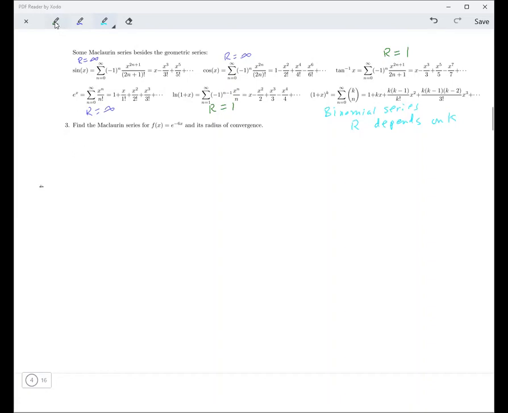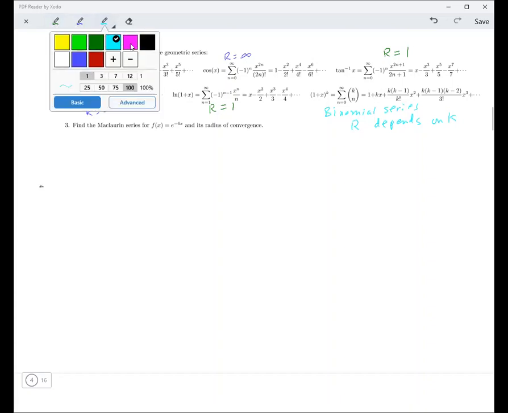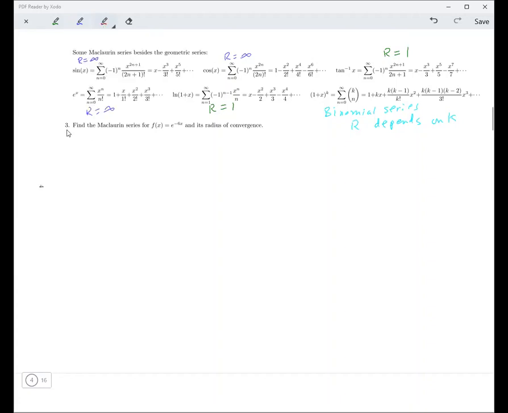So let's use this information to do number 3. Okay, so find the Maclaurin series for this one. And you'll notice that this right here is the e to the x one. So if e to the x is this, then e to the negative 6x, so the x has been replaced with the negative 6x.